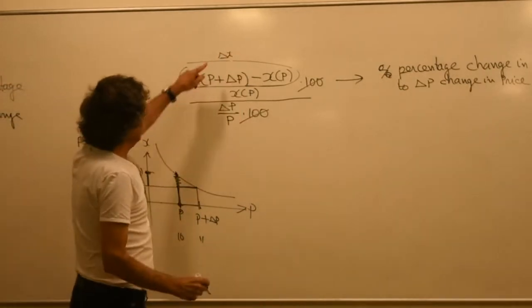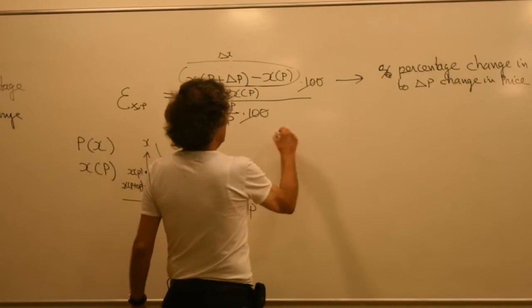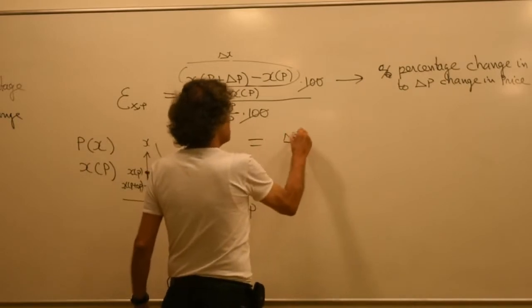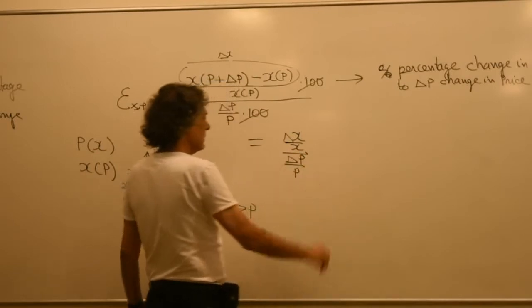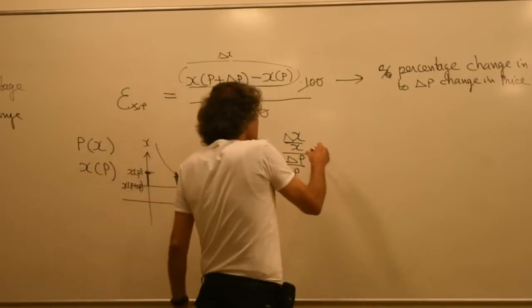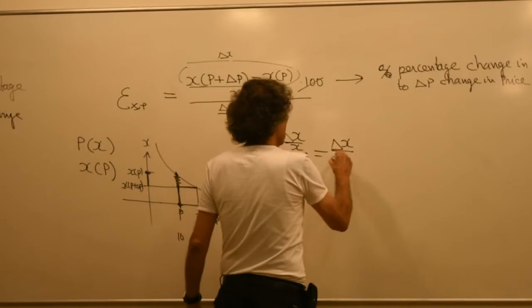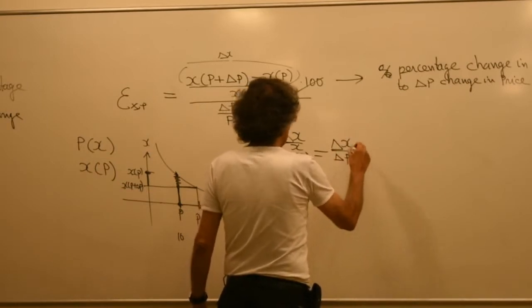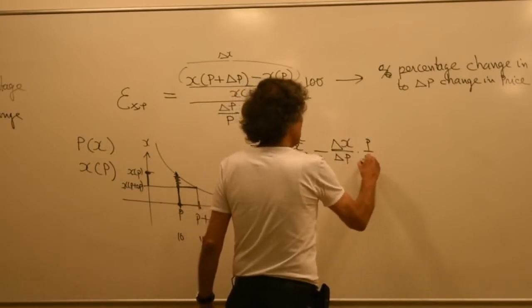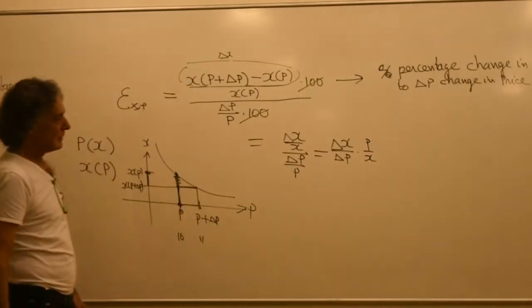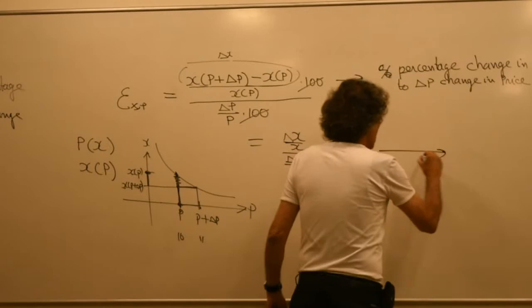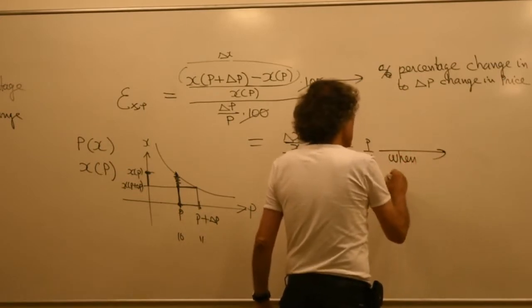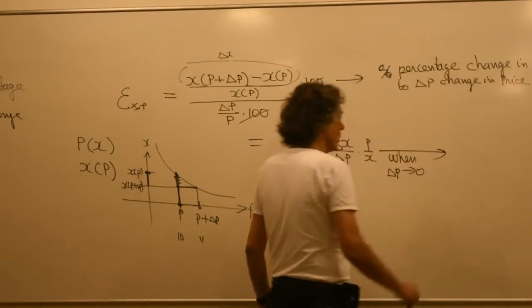So actually what I have is delta X over X divided by delta P over P. So I can write it as delta X over delta P times P over X. Now I take the case when delta P is very small.